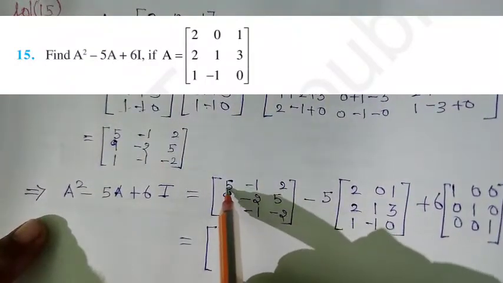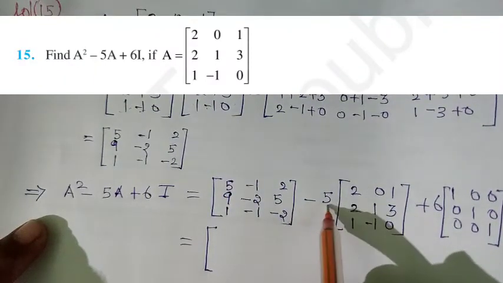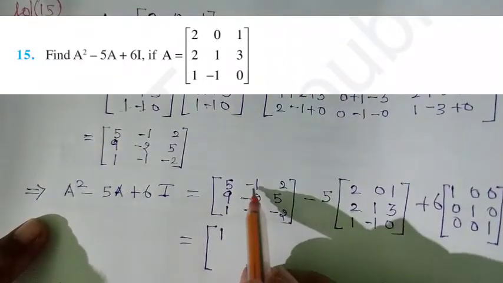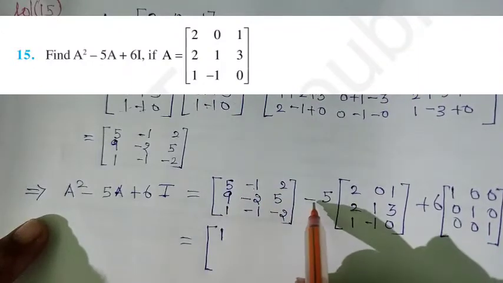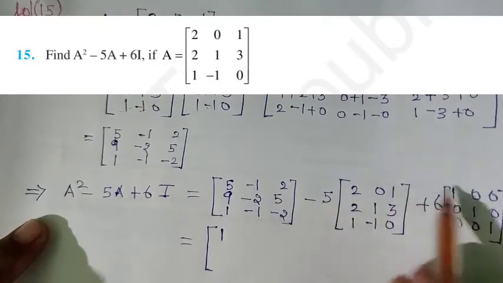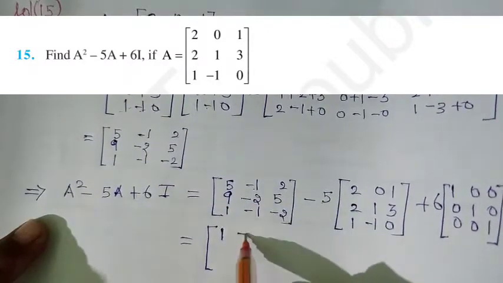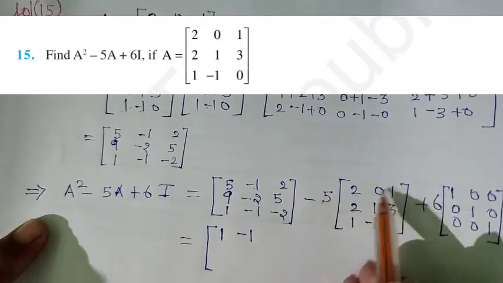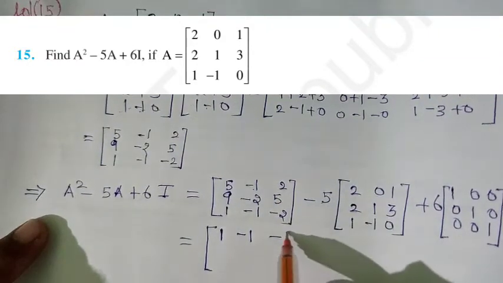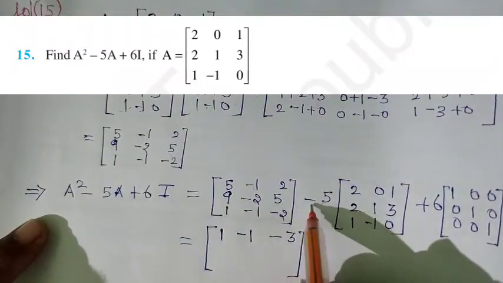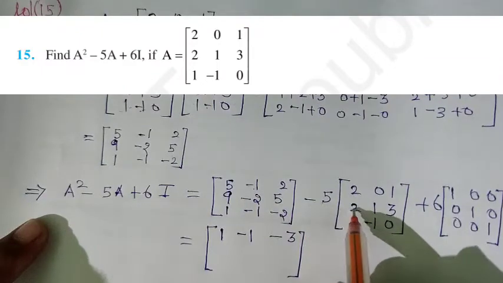Now 5 minus 10, 5 minus 10 minus 5 plus 6, 1, minus 1, 0 and 0, 2, minus 5 minus 3, 9 minus 10.